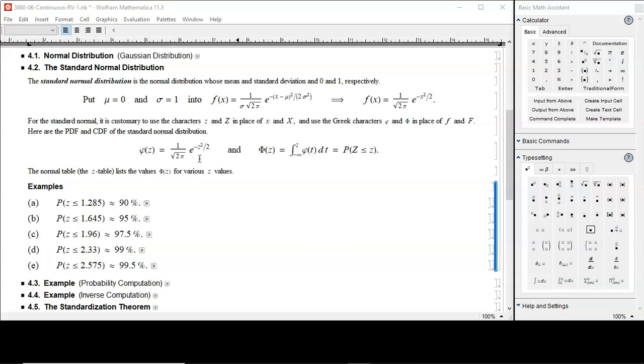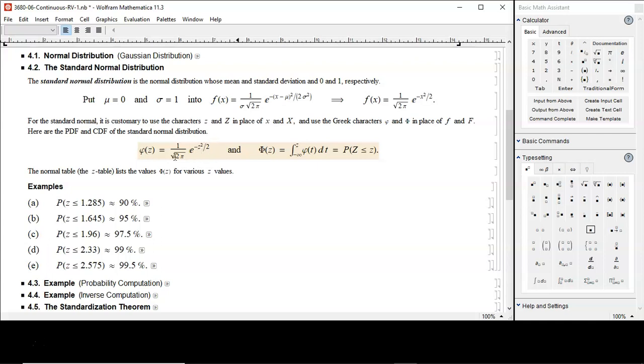Standard normal distribution is a special normal distribution given by this density function and this cumulative distribution function. From arbitrary normal distribution, we can apply the standardization z equals x minus mu over sigma, and you end up with this, and that's something we're going to discuss a bit later.